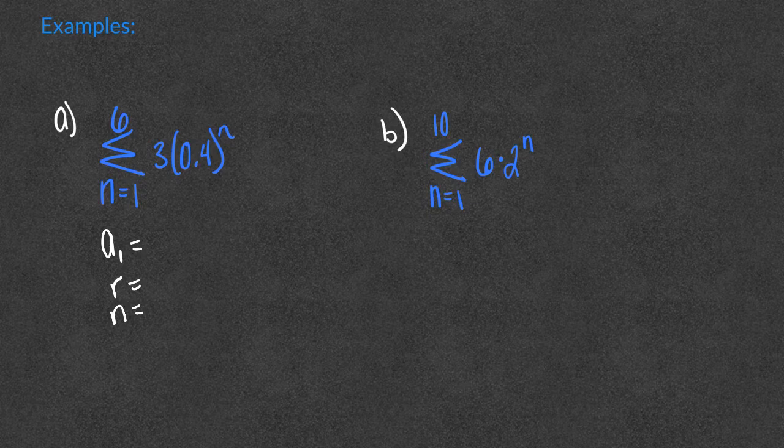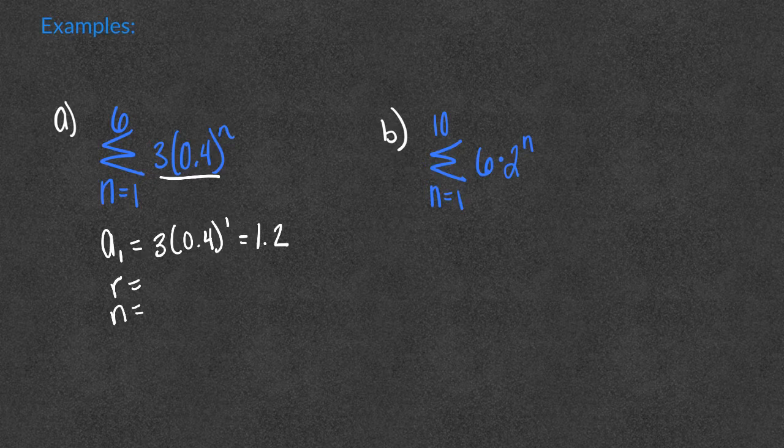So let's go ahead and let's calculate our a sub 1. What that means is I'm going to take my argument, but this time I'm going to plug in 1 for that exponent, and therefore if I do the math correctly, this will equal 1.2.